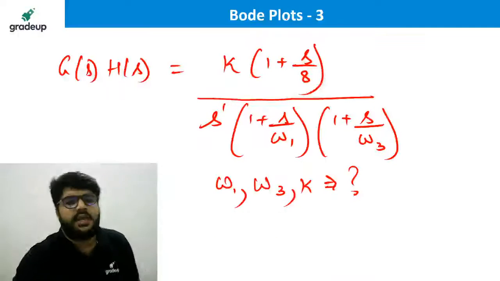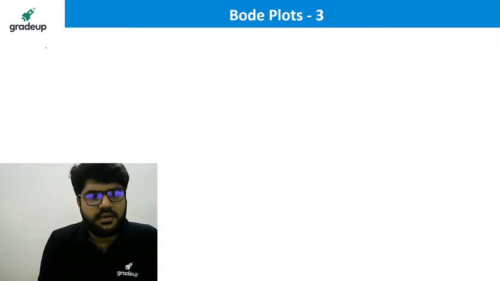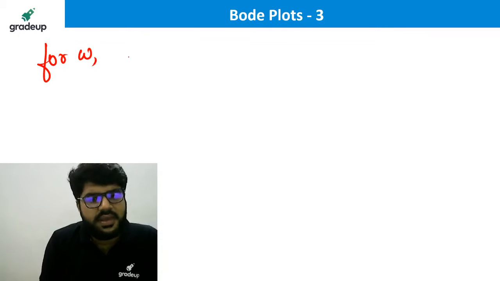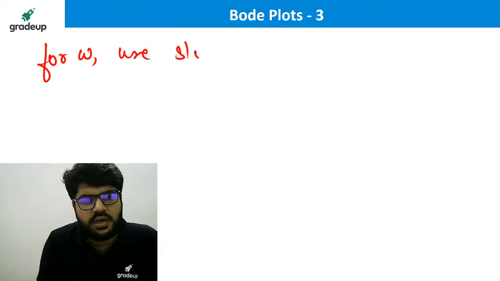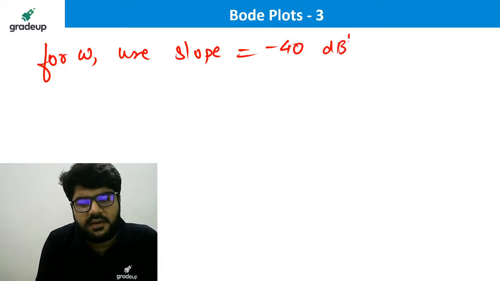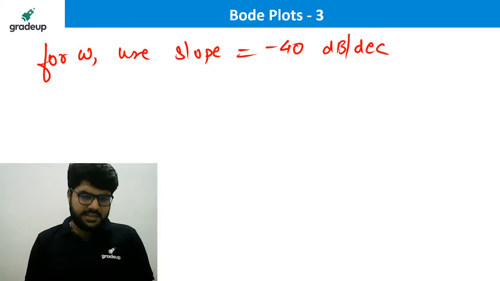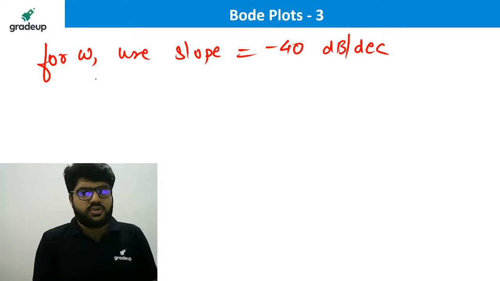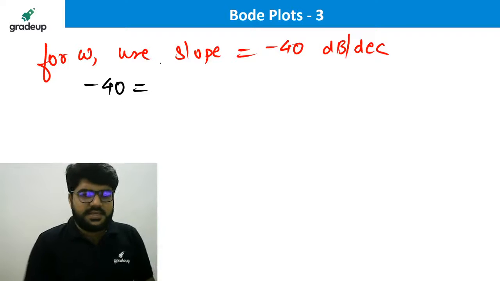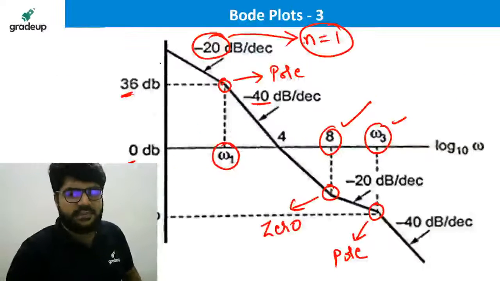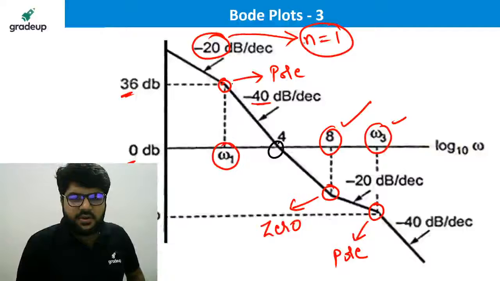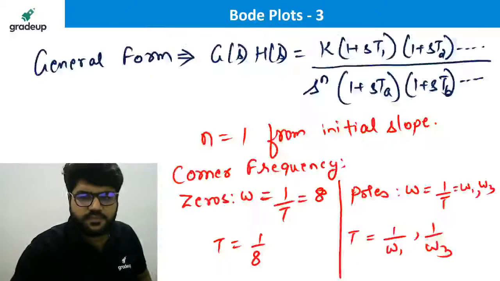For omega 1, use the slope of minus 40 dB per decade. So slope minus 40 is equal to m2 minus m1, with this magnitude 0 and this 36.